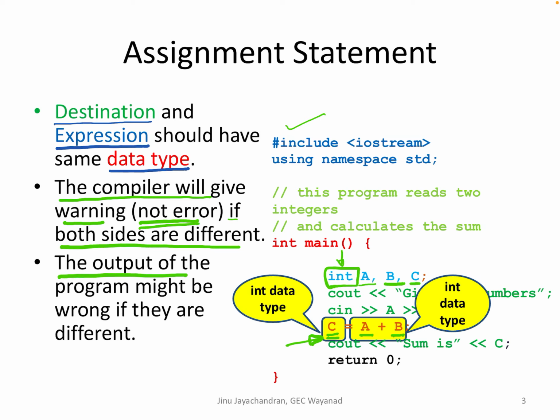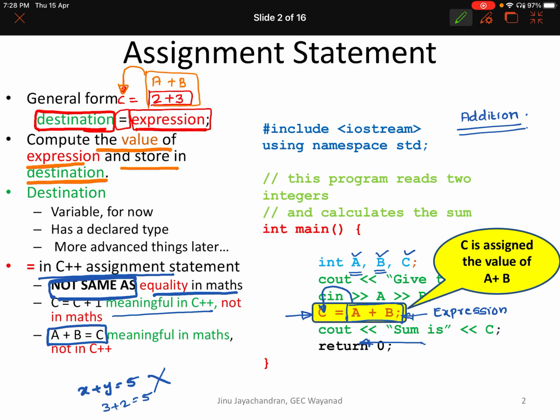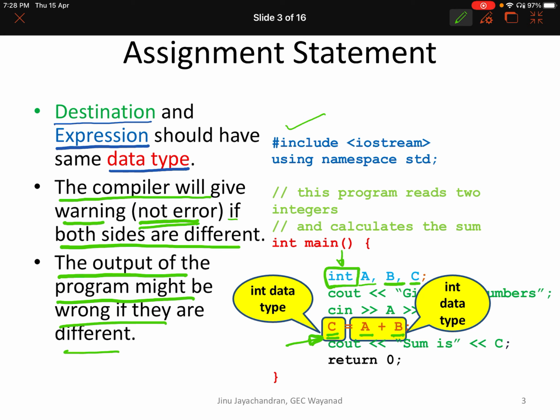The output of the program might be wrong if they are different. That's a very important statement. We might do some exercises on how the output differs when the data type is different. So as a rule of thumb, make sure the right hand side has the same data type as that of the left hand side. So the data type should match.